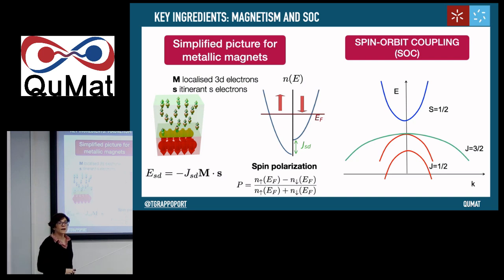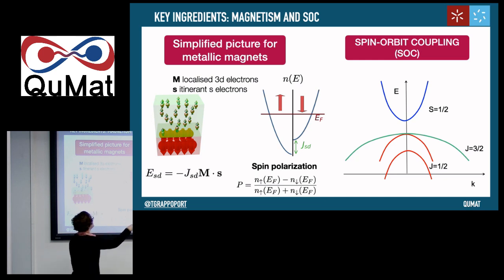Another ingredient that can be used is the spin-orbit coupling. Why the spin-orbit coupling? Because in solids, the spin-orbit coupling actually couples the spin of the carriers with the momentum of the electrons. And in this way, it's possible to use the spin-orbit coupling to actually make the electric fields interact with the spins.